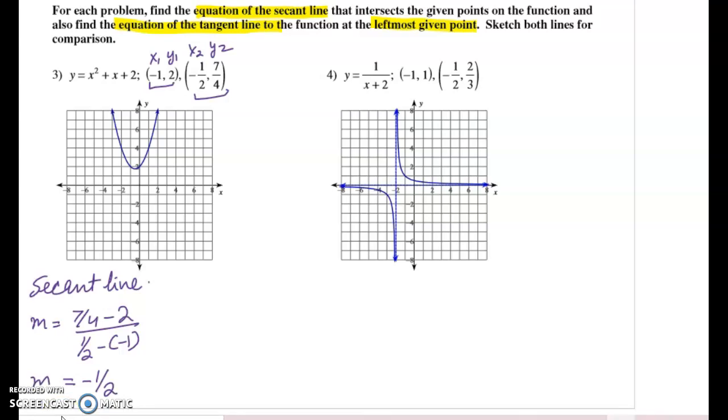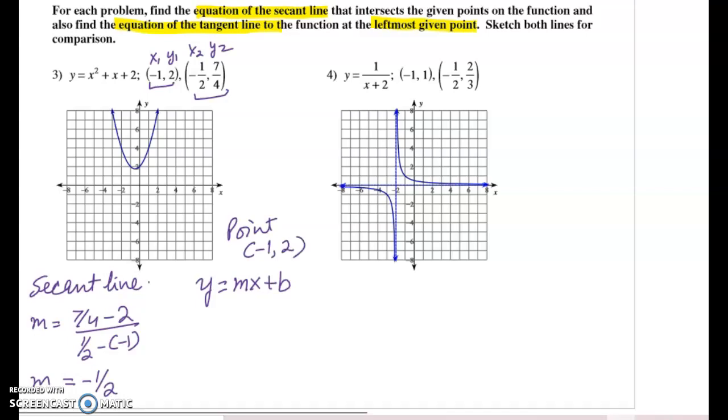I need to write the equation of the secant line. I will start with the slope-intercept form, which is y is equal to mx plus b, and I will take any point. So let's take the point -1 and 2. Let's plug everything back into this equation. Y is 2, the slope we just got is -1/2, and x is -1.